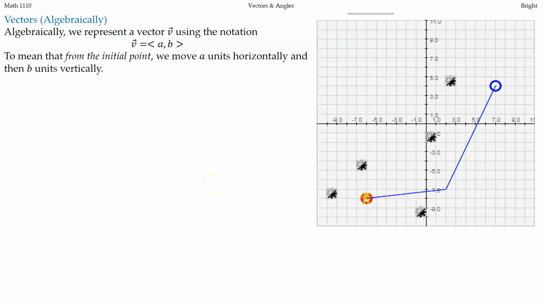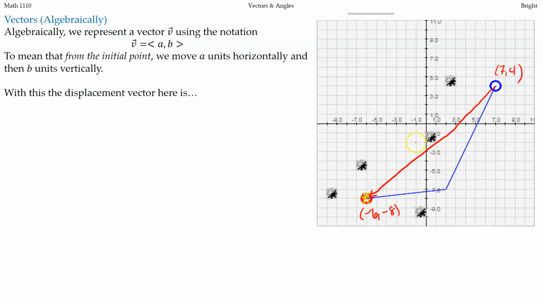For example, let's look at the displacement vector, which is the vector from the initial point to the terminal point, so start and end. This point, what did we say it was, at 7, 4? And this point is at -6, -8. So let's call this vector D, for displacement.